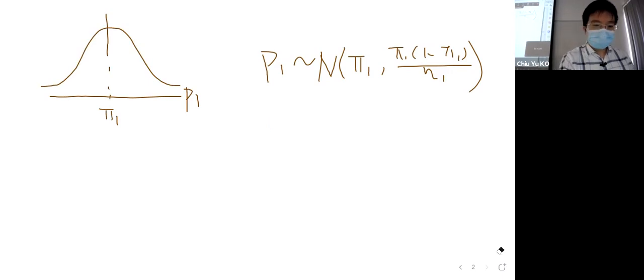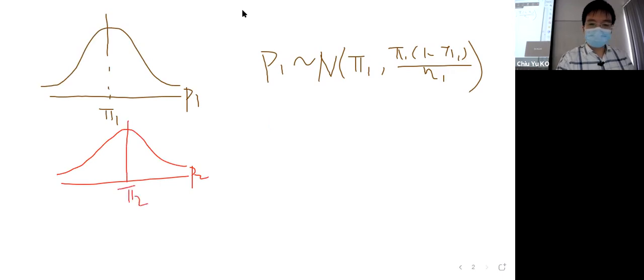And similarly, you have this p2, also normal, and pi 2 is here.